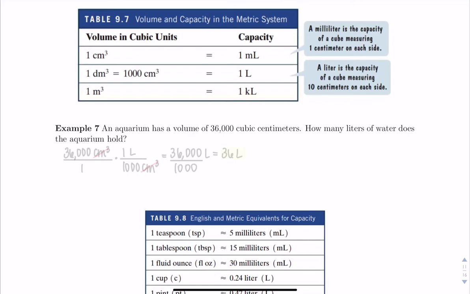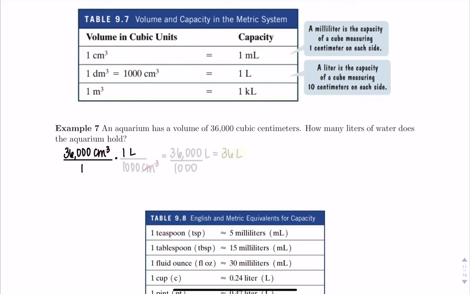An aquarium has a volume of 36,000 cubic centimeters. How many liters of water does the aquarium hold? So we're going from cubic centimeters to liters. So 36,000 cubic centimeters. We know that for 1,000 cubic centimeters, we have 1 liter.